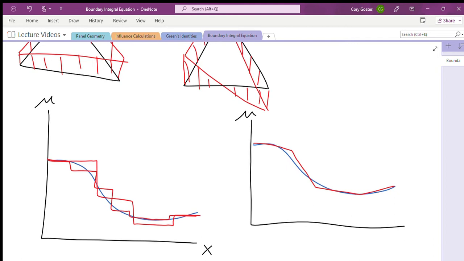And so these are all things to consider when we're developing: do we choose constant strength doublet panels? Do we choose constant strength source panels? Or do we go with some higher order distributions? Now for your project, you'll be dealing only with constant strength panels. You'll be dealing with constant doublets and constant sources, which introduces a small inconsistency that I'll describe in a later video, but we don't have to worry about that for now.